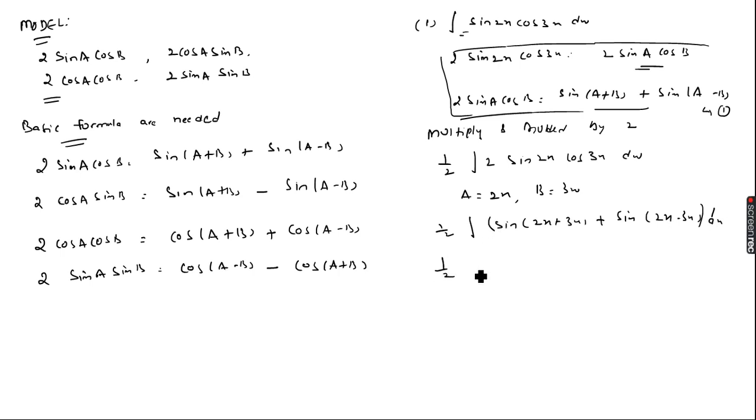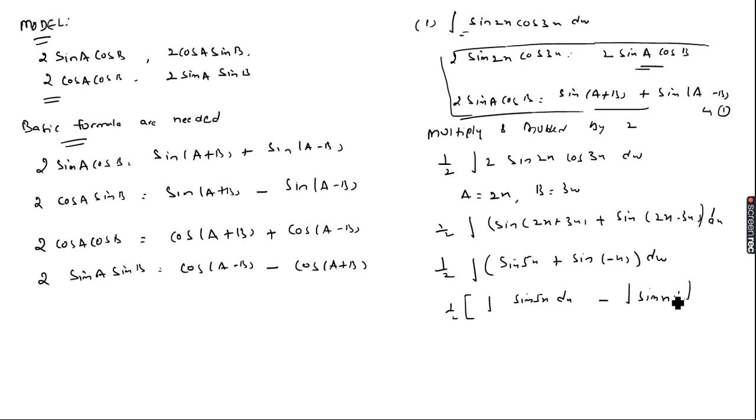So this is 1 by 2 into integral of sin 5x plus sin of minus x into dx. Separating the two, 1 by 2 into integration of sin 5x into dx minus integration of sin x into dx.